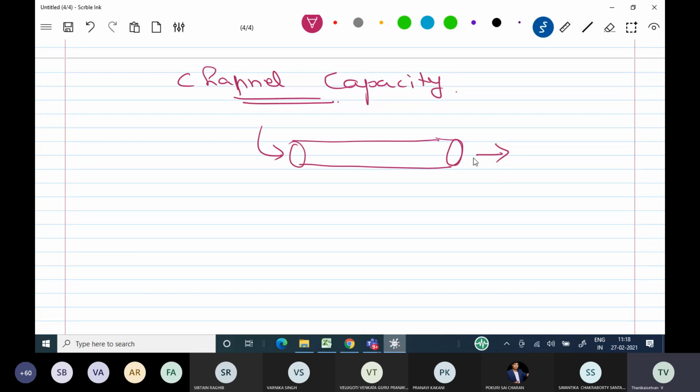The pipe width is going to be 10 centimeters. So this has a certain capacity. A certain amount of water pressure only this pipe can handle.